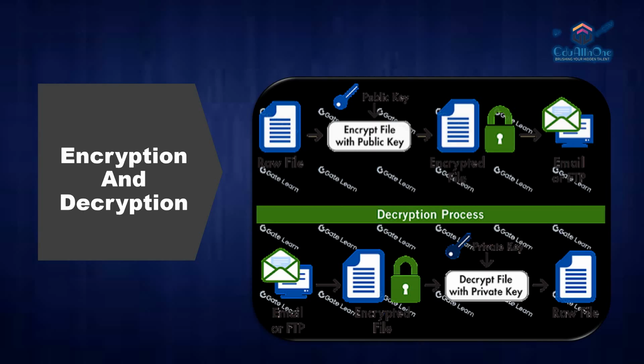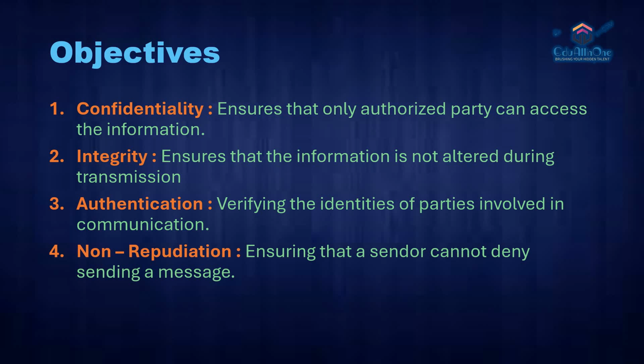What happens between a sender and receiver? The main objectives of cryptography are confidentiality, integrity, authentication, and non-repudiation. What is confidentiality?